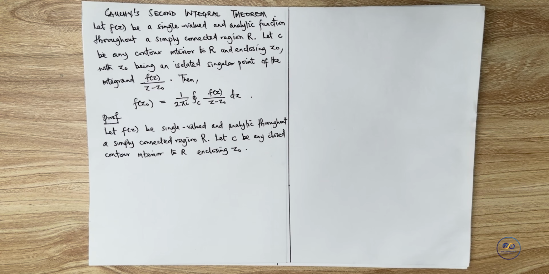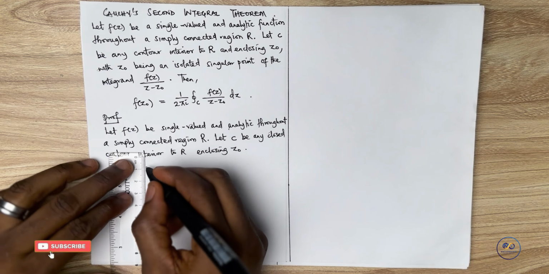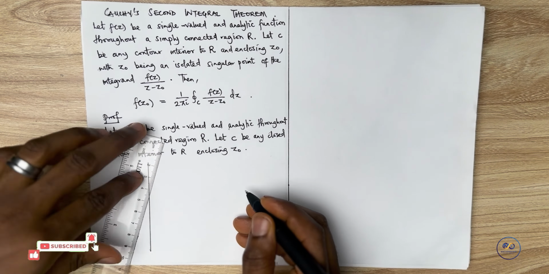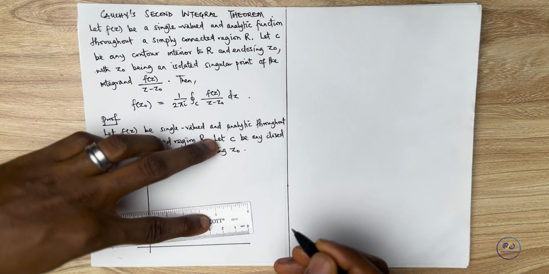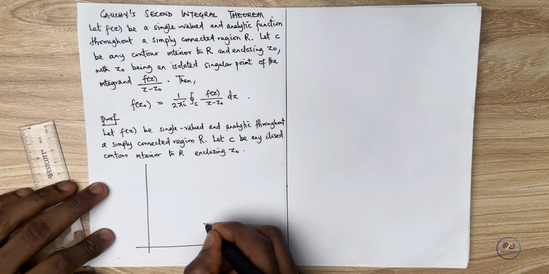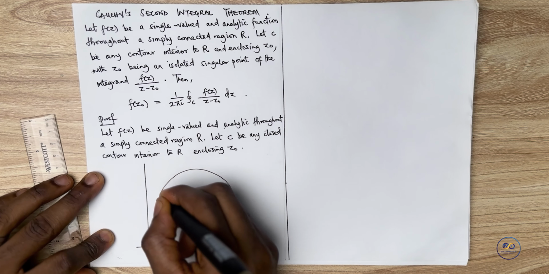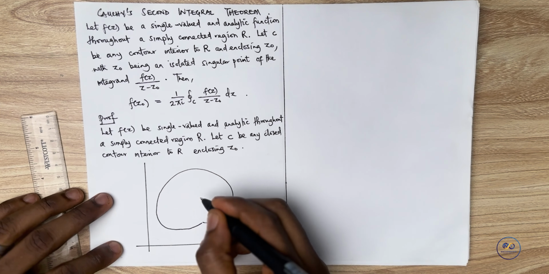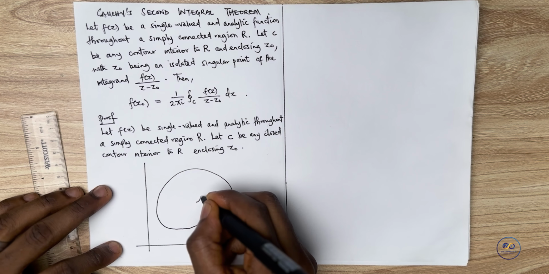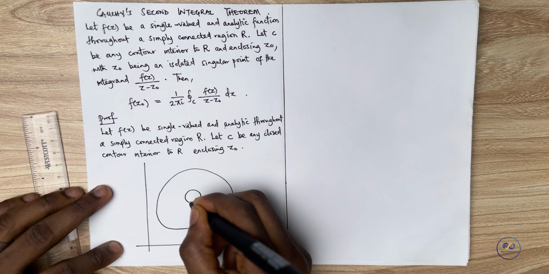Now, let's give a representation of what the current doubly connected region would look like. Remember, this is not a very accurate sketch, but we'll try as much as possible to make it so. So we have the outer region, and then we have the inner region.